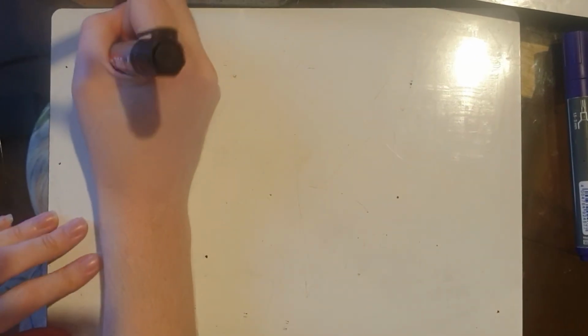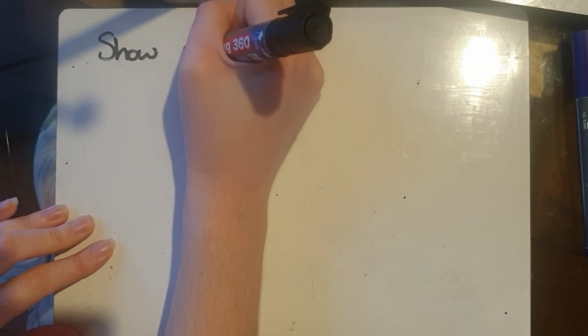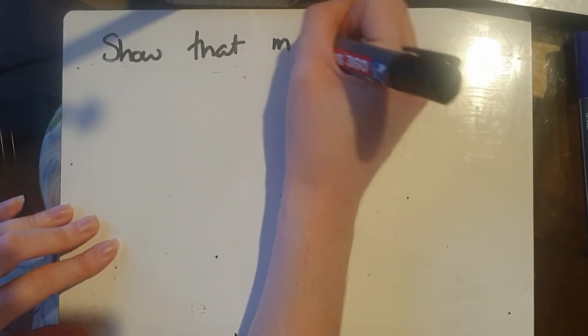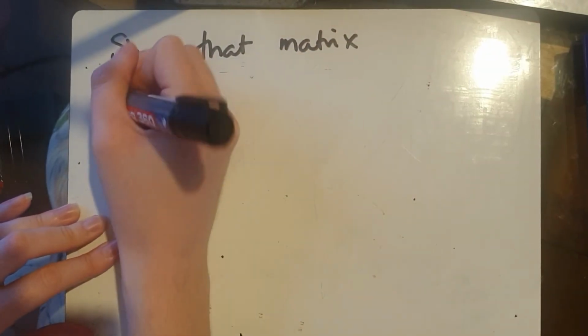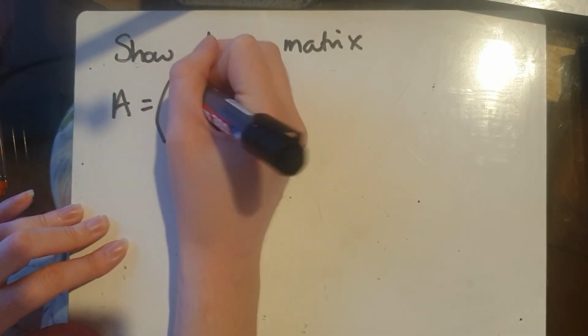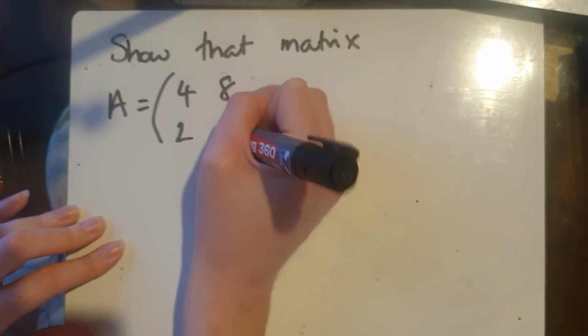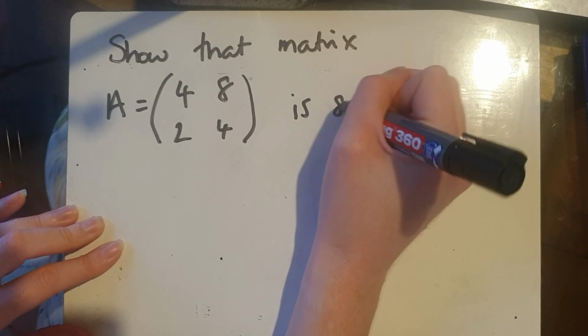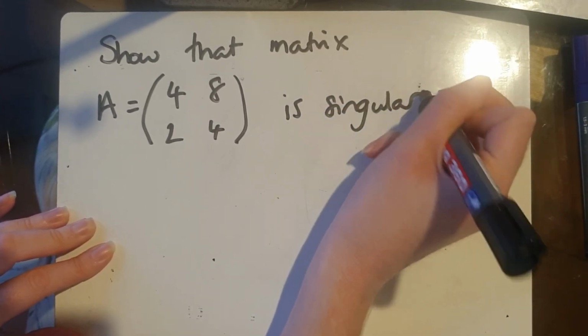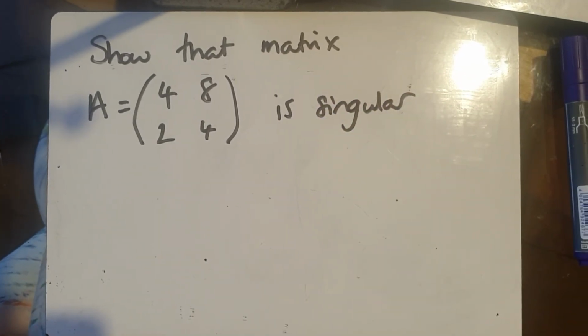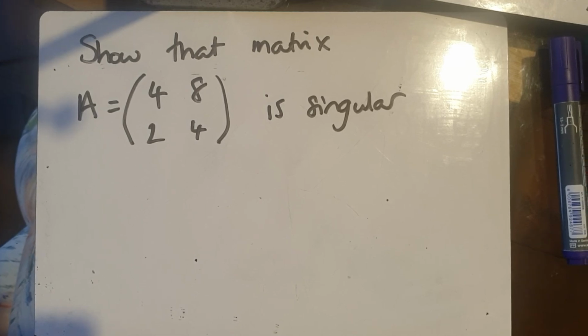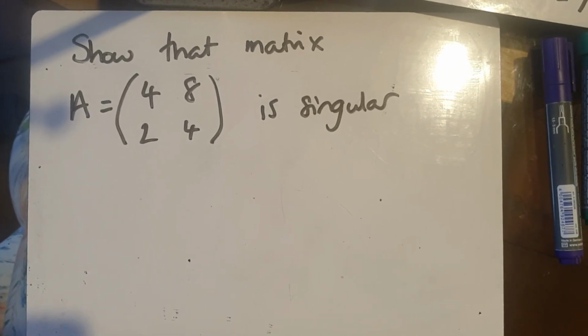Last example, and this is question 1A from the worksheet. Show that matrix A equal to 4, 8, 2, 4 is singular. Now remember what we said earlier in the video, a matrix is singular if it has no inverse.